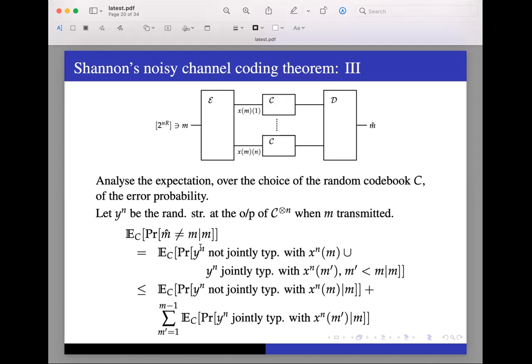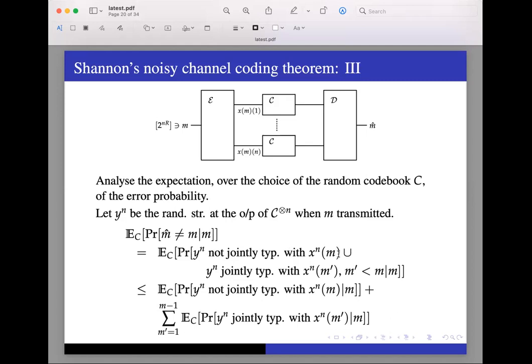As we saw in the algorithm, when does an error occur? Error occurs if yn is not jointly typical with the actual transmitted message. Remember, the decoding algorithm was cycling through all candidates m hat, going from 1 to 2 to the nR. So for m hat equal to m, suppose by bad luck the output yn is not jointly typical with the true code word.